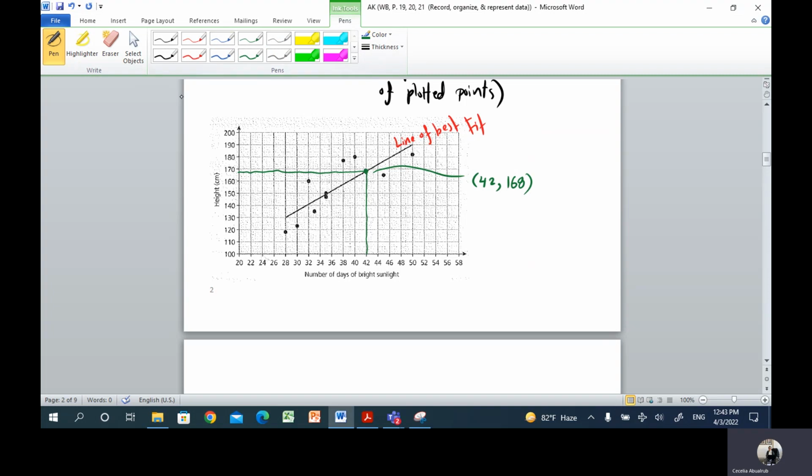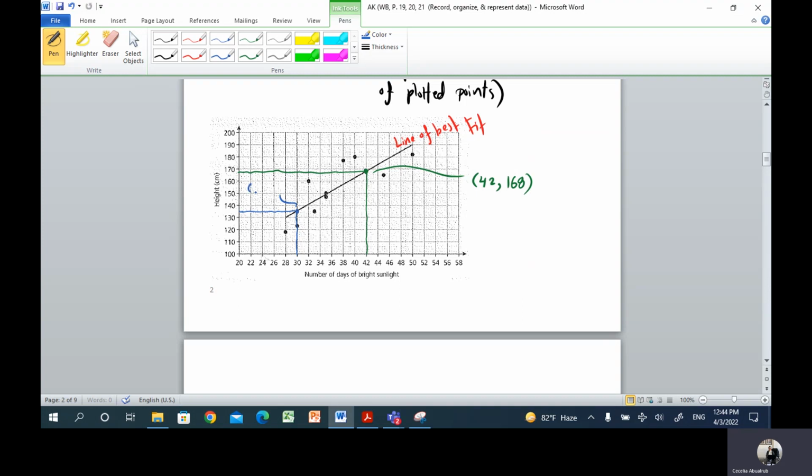Let's take the pen. Let me use another color. So we will go to 135. Let's say it's somewhere here. And we will draw a straight line until we hit the line of best fit. And then we're going to draw a vertical line from this point.